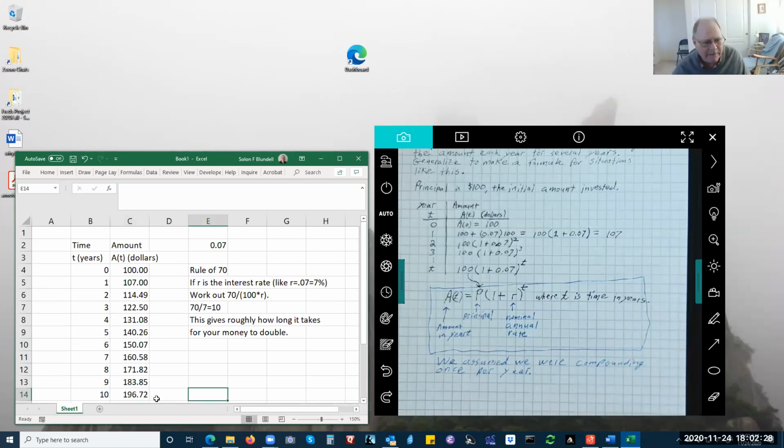So that's it. And you notice I didn't even use my formula over here with the spreadsheet, because with the spreadsheet, what I did was I got each number using the row immediately before. I just multiplied times 1.07.